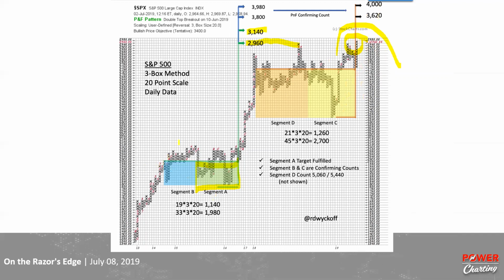We stretched this count here from 2016, back to 2014. It gives us a confirming count, 3,800, 3,980. And as soon as we created that count, again, confirming count, look what happens. We're starting to move up and out. Again, the timing tool we were talking about earlier.